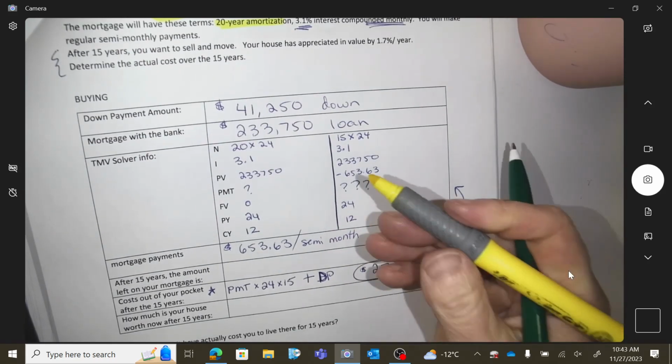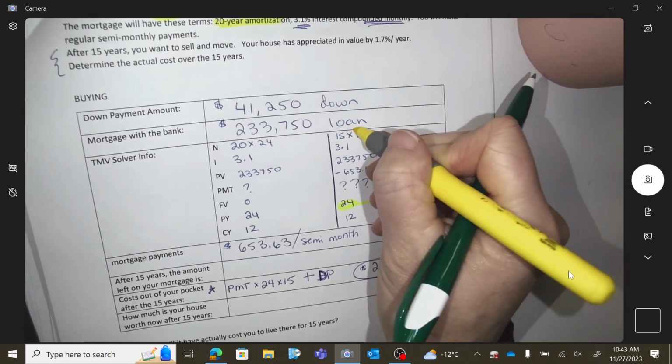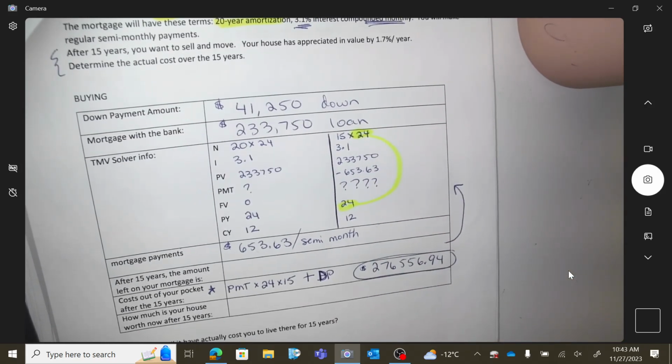Because there's always a times in there, whatever that number is.